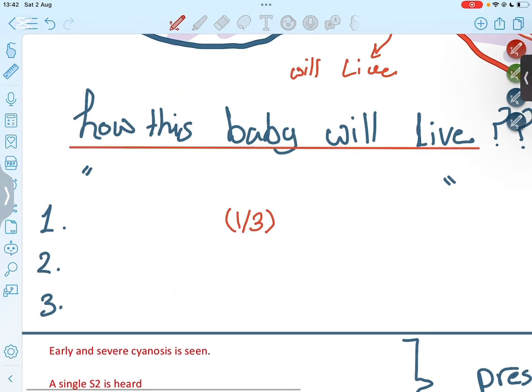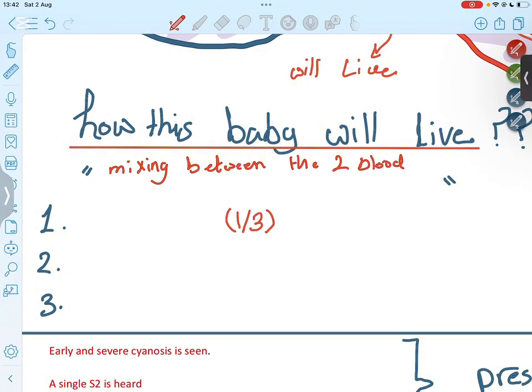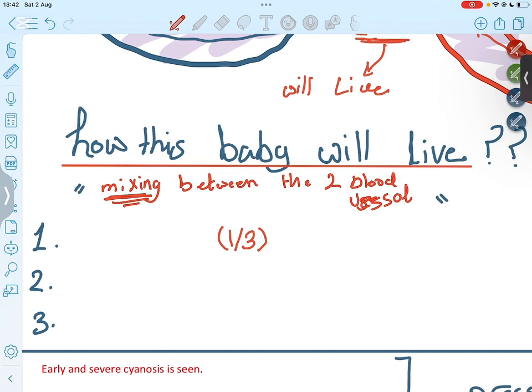It will live if there is mixing between the two blood vessels. How will the mixing happen? Let's think and make it make more sense.